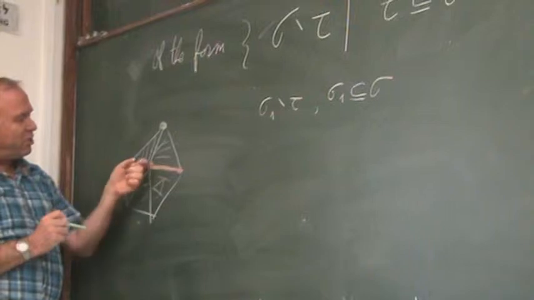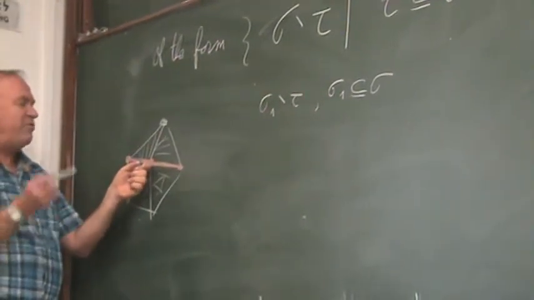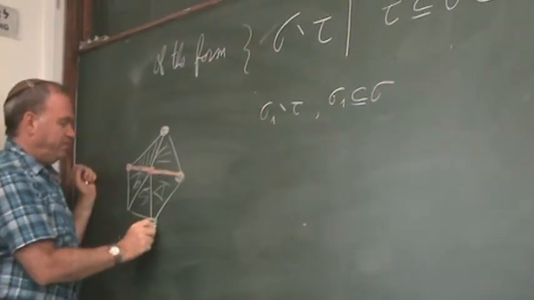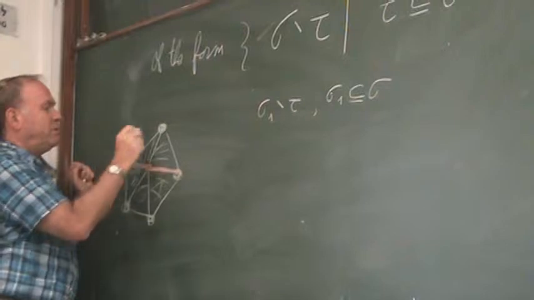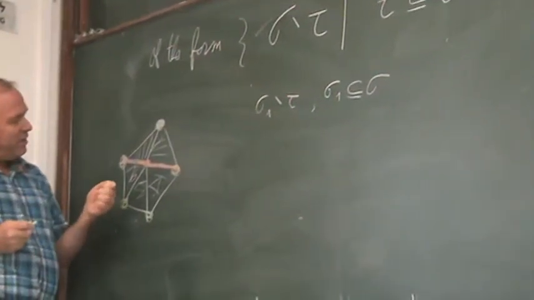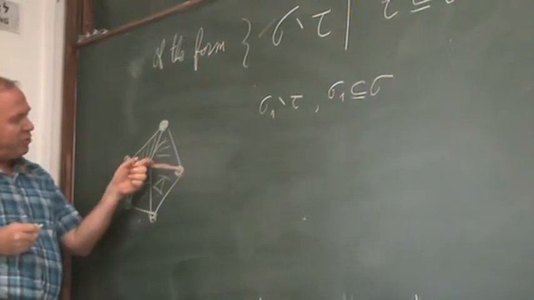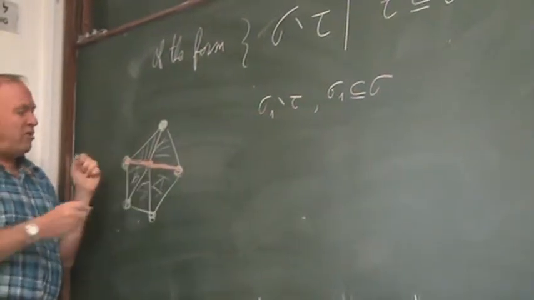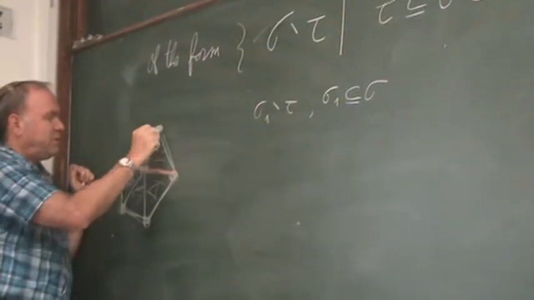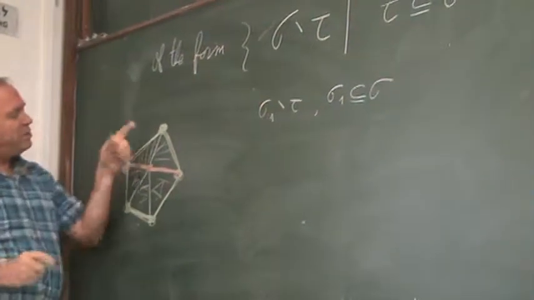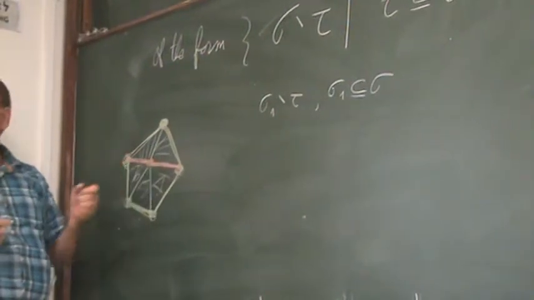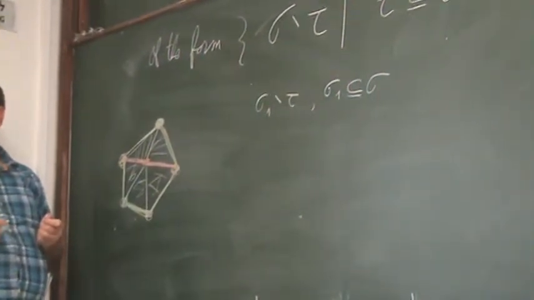All the other vertices are connected to it by an edge, but I have to delete it, so I take all the vertices. Every edge becomes a vertex, and for all the triangles containing it, I have to delete it, so I take only the edges outside. So the green simplicial complex is the link of the middle point.